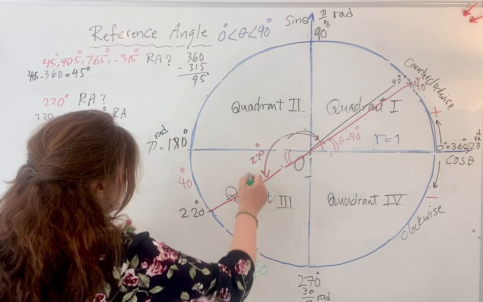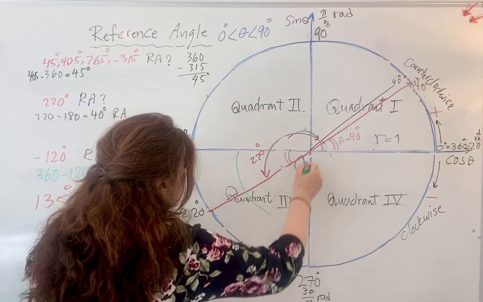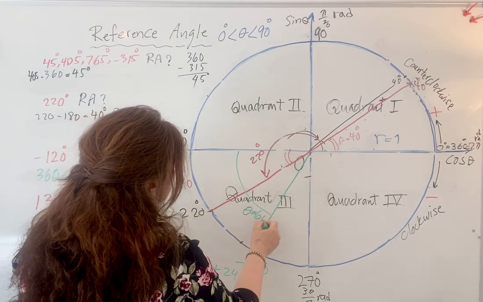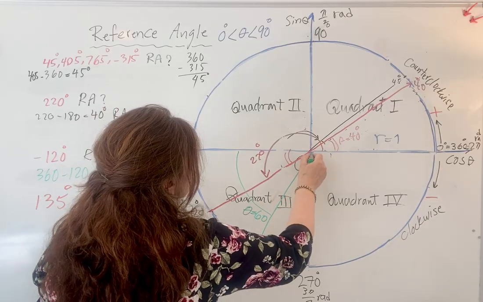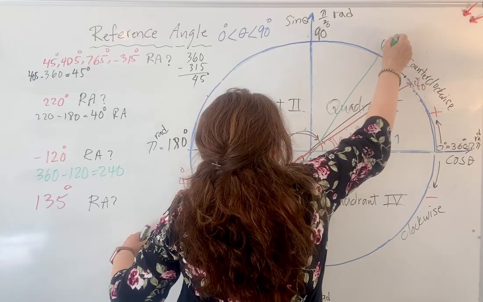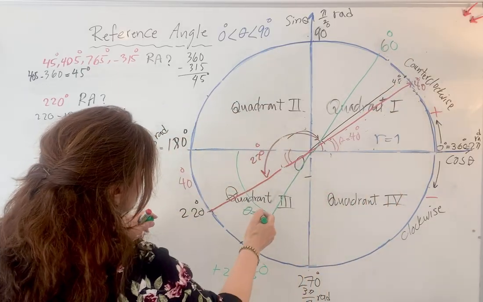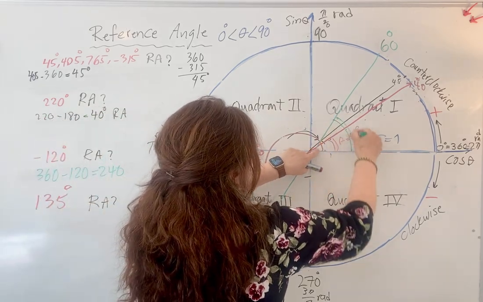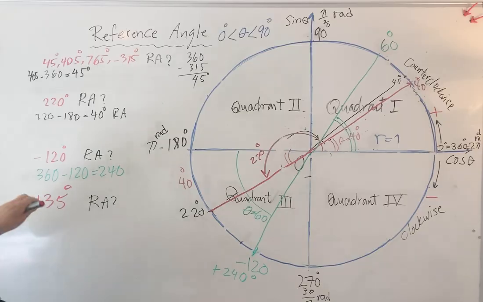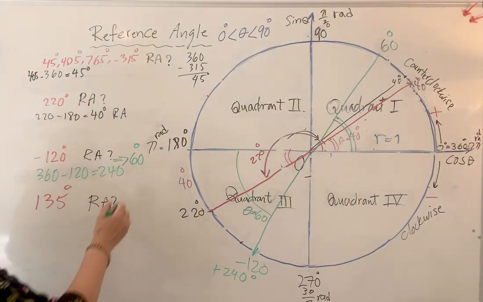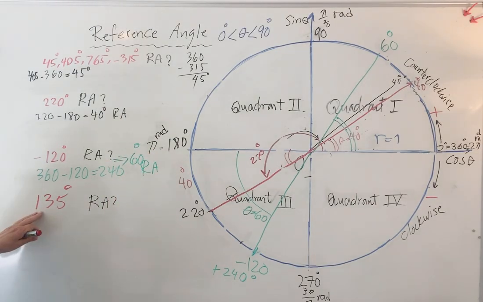So this angle is 60. Continue this one to the other side. This is 60 degrees. Why? Because this angle is 60 and this angle must be 60. So the reference angle of this one is 60 degrees.